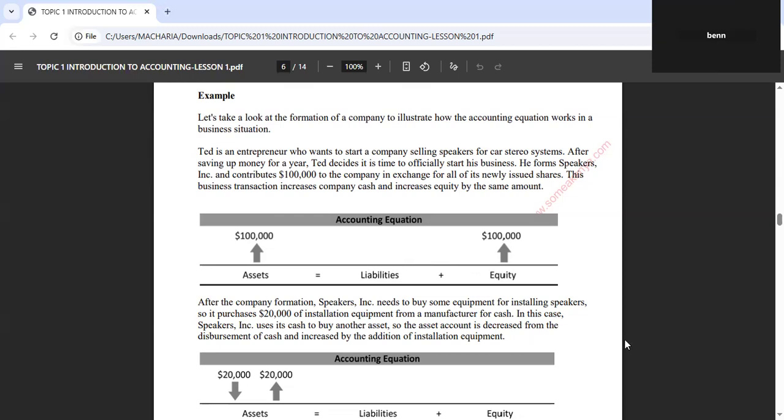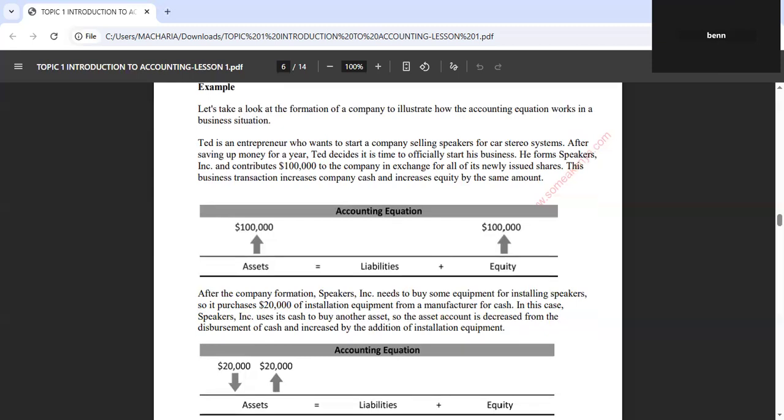So what happens from this $100,000 he had in cash, he has decided to buy speakers. So the amount of cash will reduce by $20,000, which has been used to buy speakers. Speakers come in as a form of assets, but equity still remains the same.